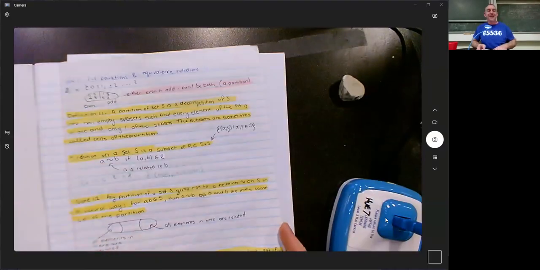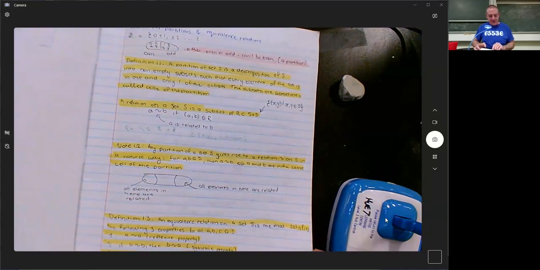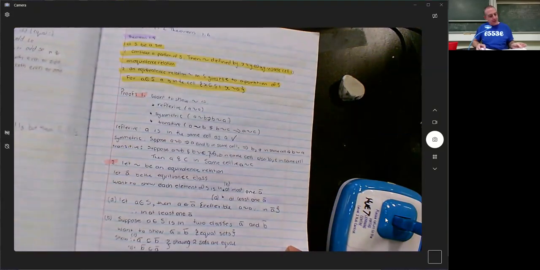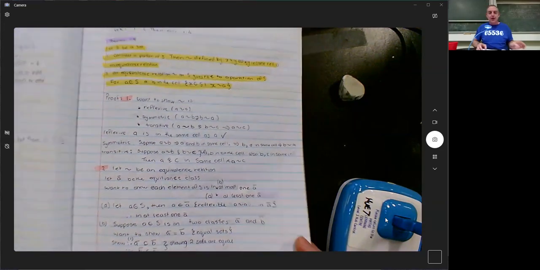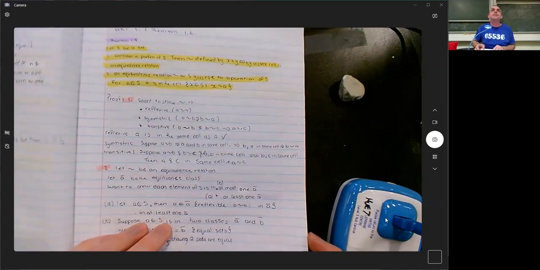So flicking our way through the course so far, we started with partitions and equivalence relations, which are fun. And I have a question: why are equivalence relations in this course?